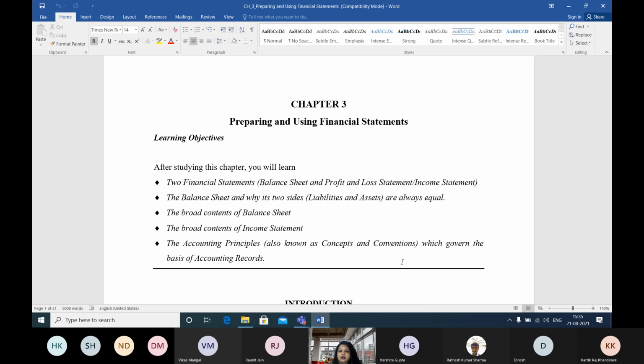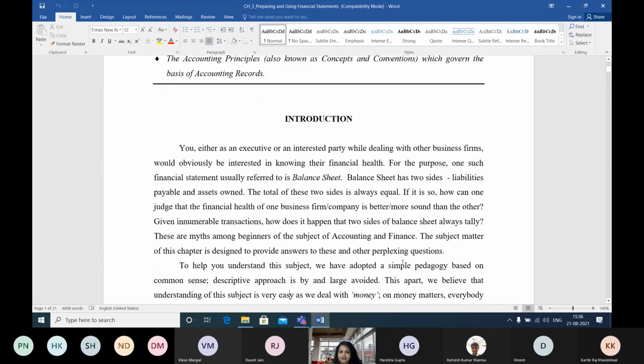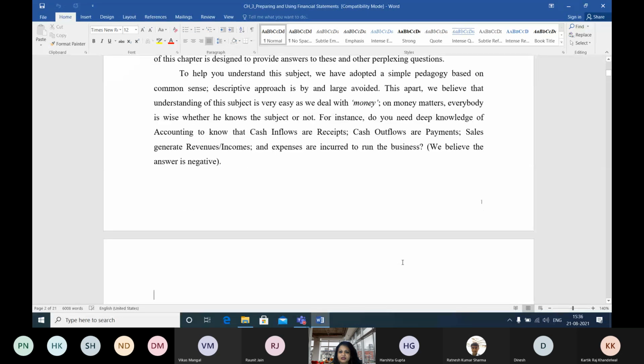They also understand the basic concepts of how to make balance sheets and profit and loss accounts, and why the totals of the balance sheet always tally, what are the broad contents of a balance sheet and an income statement, and the accounting principles which we have already done in this class as well. So I will just take you through some of the important things.